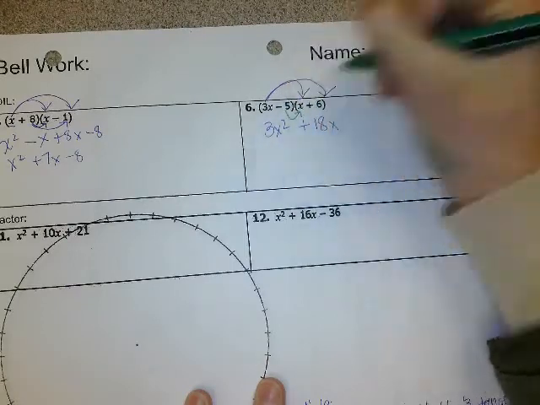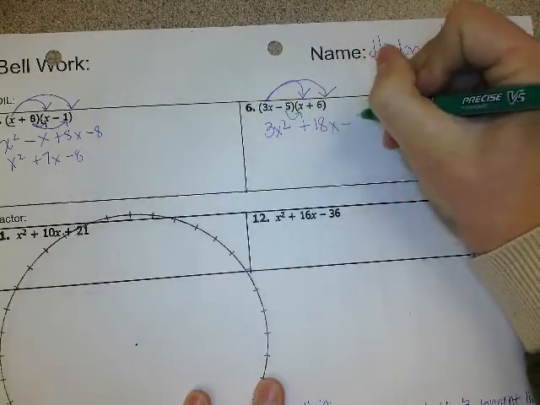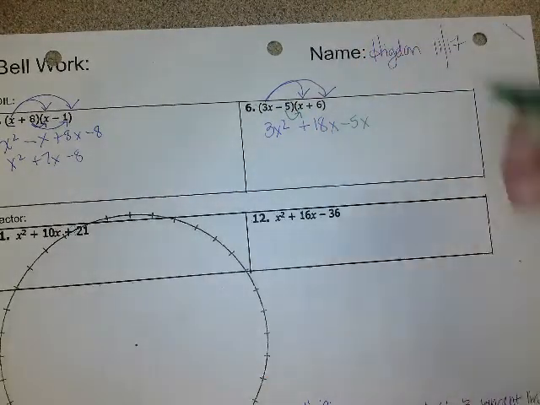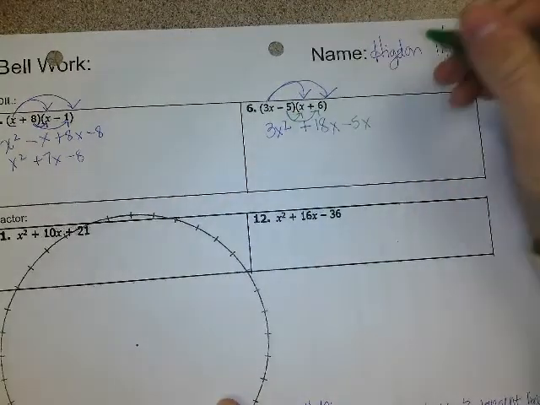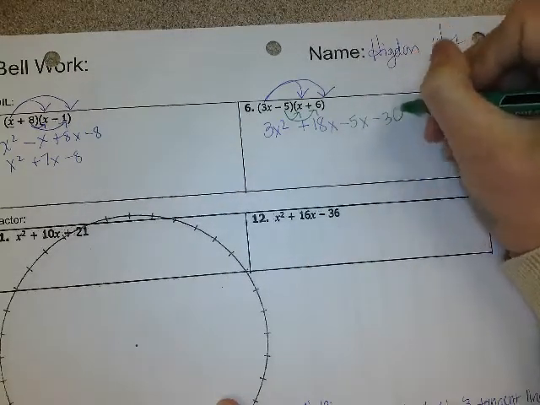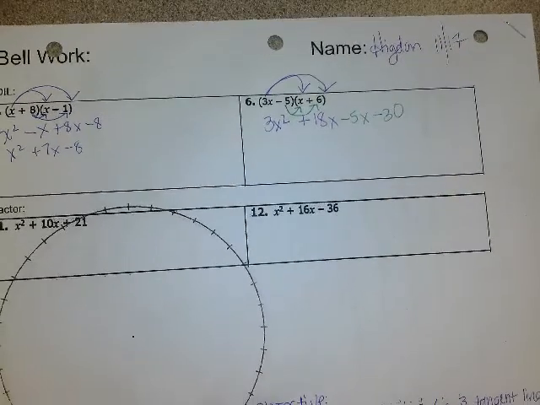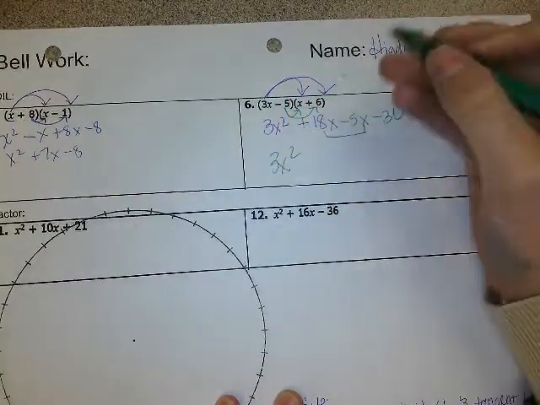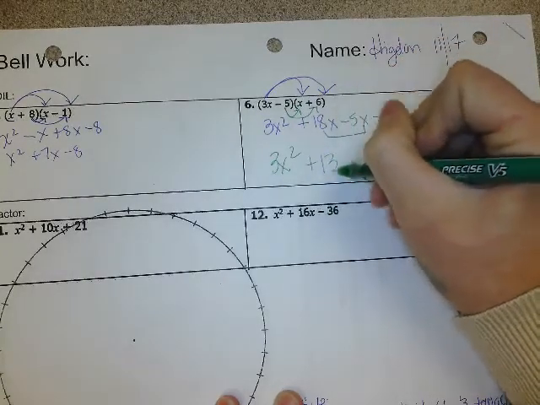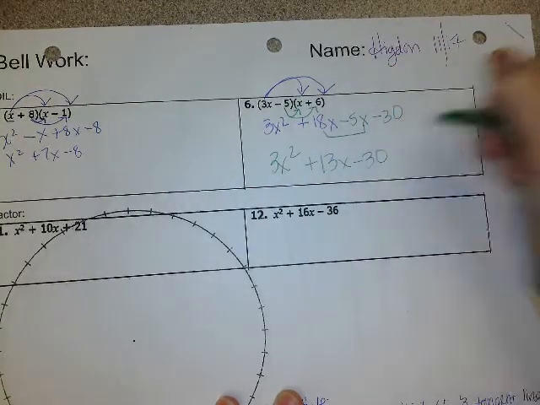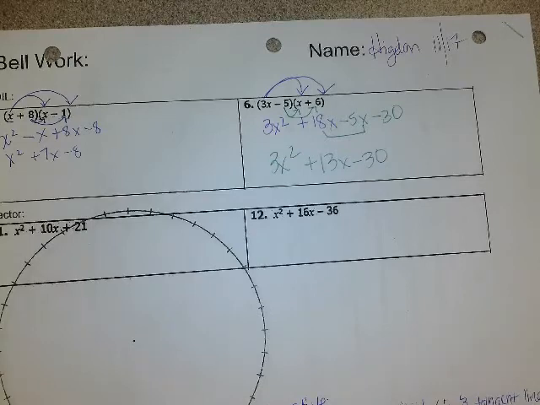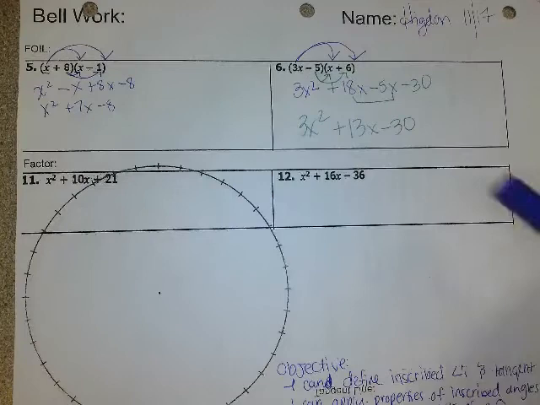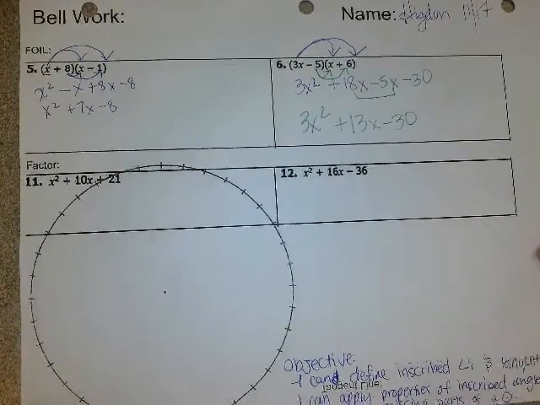Then -5 times x, and then -30. Can I combine anything? So 3x squared plus 13x minus 30.